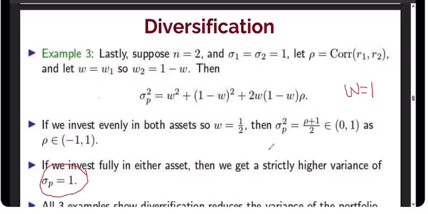Don't do that. When we're talking to the investor, we tell them: don't put all your money in one asset. It's dangerous. You are not diversifying when you do that. Diversification reduces the risk. When you do that, you are increasing your risk. That's exactly what we mean.